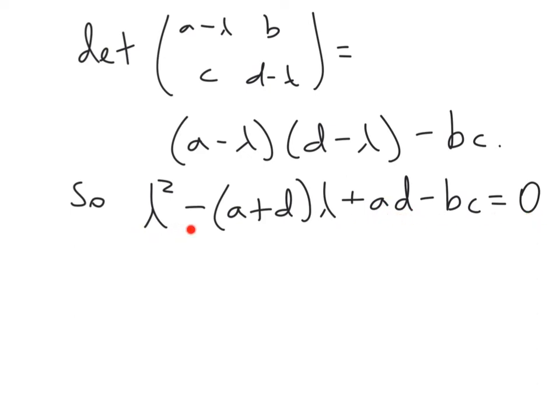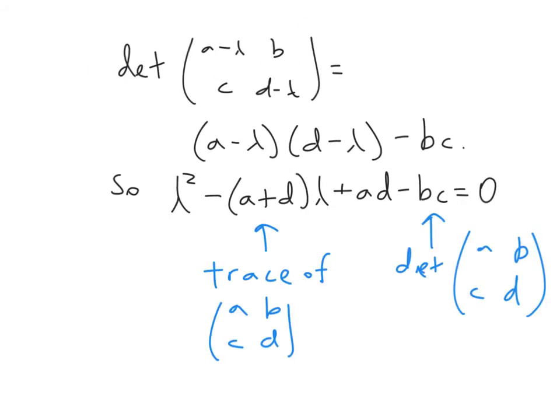So this thing needs to be equal to 0 for lambda to be an eigenvalue, and thus for this matrix to be singular. And I just want to note in this equation that a plus d is the trace of the matrix A, B, C, D, and ad minus bc is the determinant of the matrix. So we can rewrite this quadratic for lambda in terms of the trace and the determinant of the original matrix.